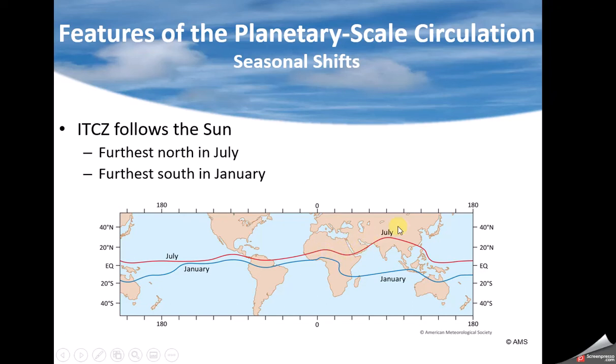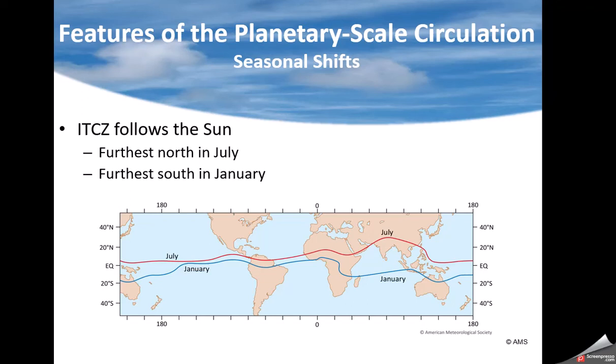So why is that? Well, we know the sun really heats land up a whole lot more than it does the oceans. So it allows the intertropical convergence zone to move to where the hotter air is over the land. So it'll move north in the summertime and south in the wintertime.